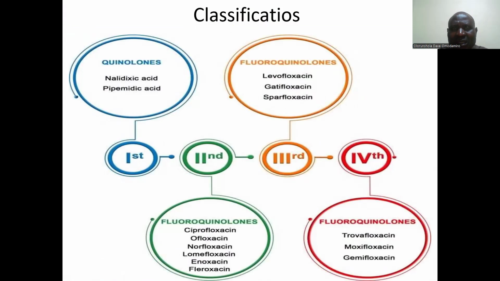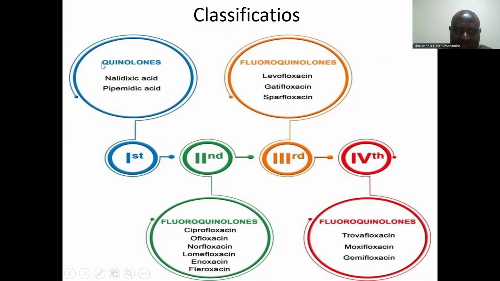As students, as future pharmacists, medical laboratory scientists, Bachelor of Dental Surgery, we want you to look at the classification.